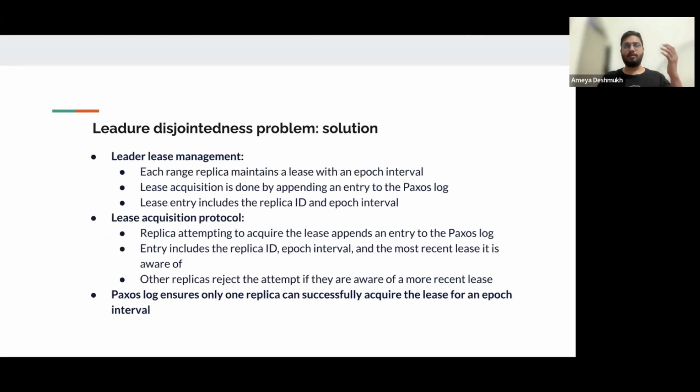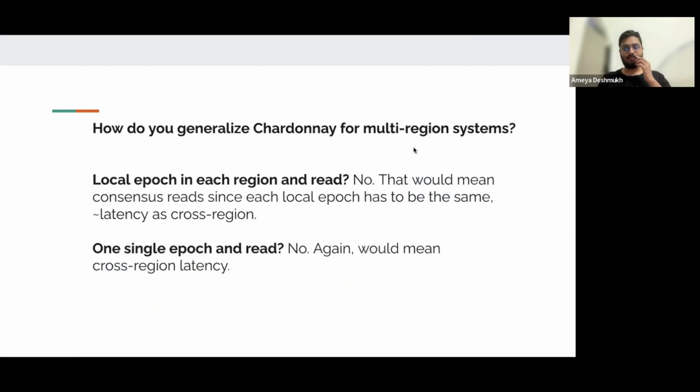So all of them will prefer R2 to be the leader instead of R1. This Paxos logging mechanism ensures that only one replica can successfully acquire the lease for any given time interval.